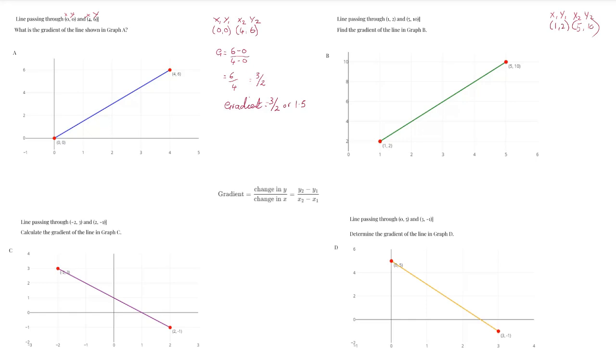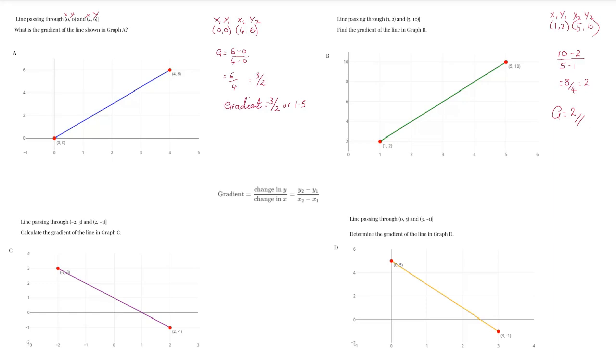Put them into the formula, which is y2 first, which is 10, minus y1, which is 2, all over 5 minus 1 equals 8 over 4, which equals 2. So our gradient equals 2.